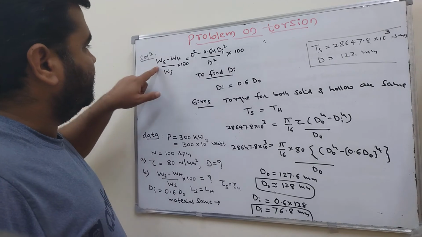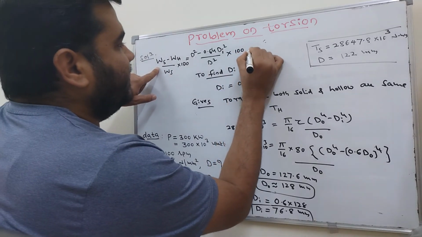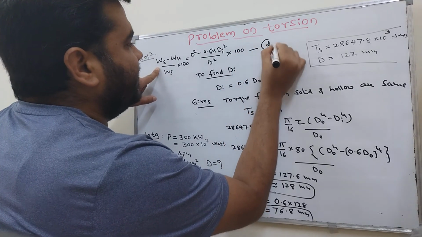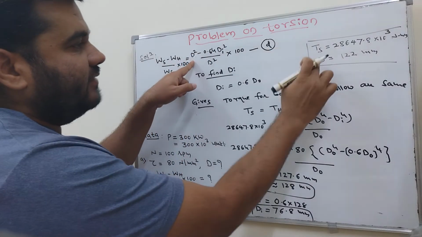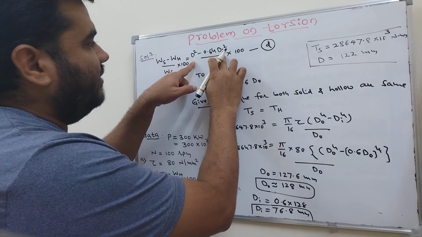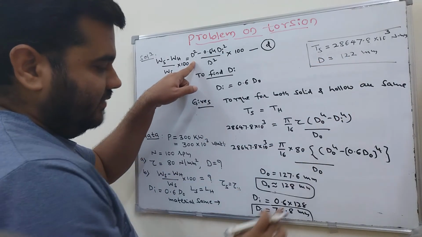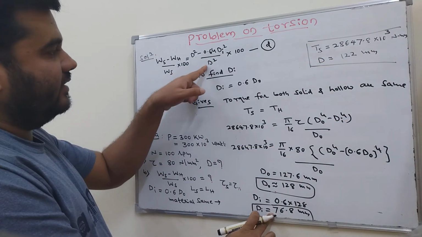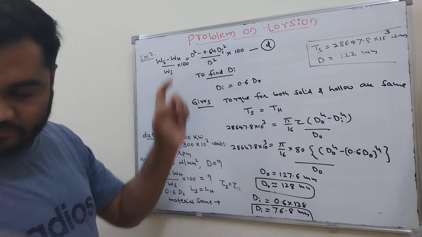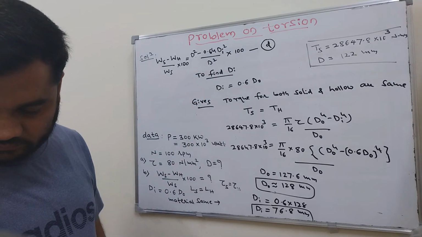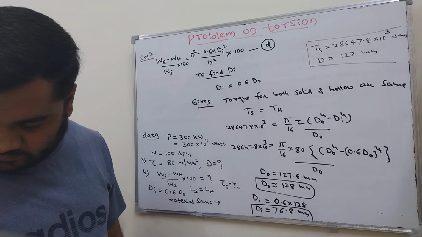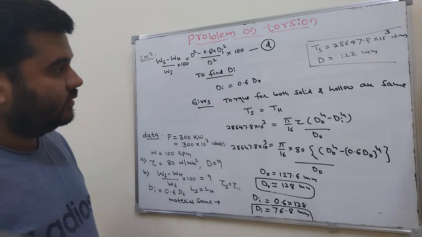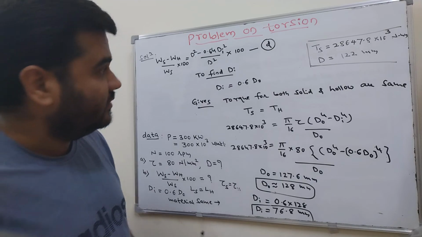Now come to this equation, I'll call it equation D. We know the diameter of the solid shaft is 122. The diameter of the inner shaft we already calculated as 76.8.